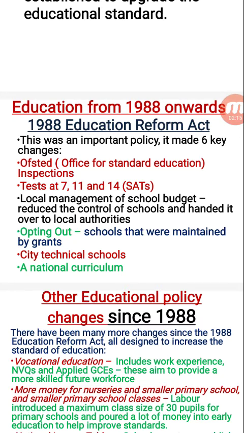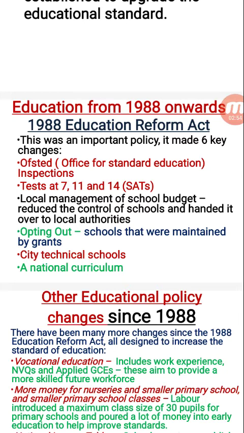Next is opting out. Schools that were maintained by grants were separated from the mainstream, and then city technical schools were introduced. Not only education in facts and figures, they also introduced technical education. If students are not good at their studies, they should learn the technical arts.